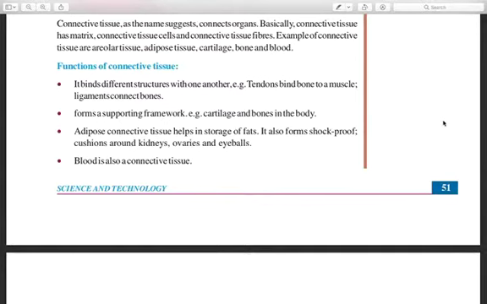The thing that binds the bone to a muscle is what is called tendons, and ligaments connect bones. Ligament is nothing but you have two bones, right? For example, if you take the leg and you have the thigh bone, and they both are connected. So that thing that connects is what is called ligament tissue.